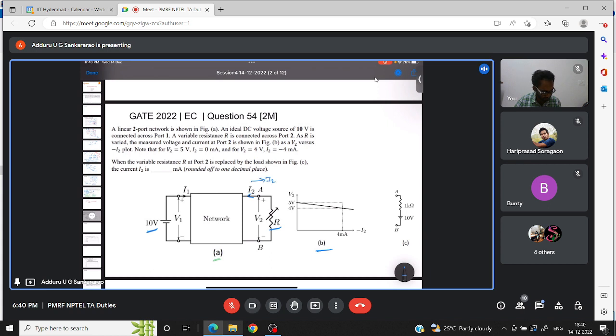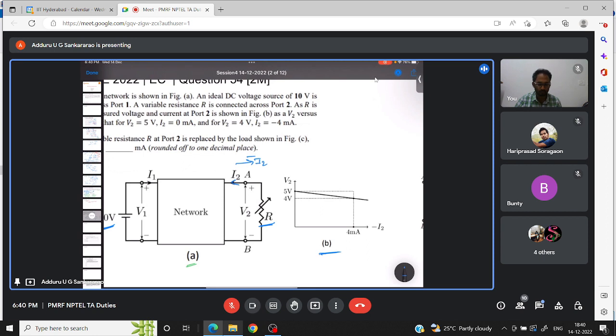Now from Figure B, when minus I2 is 0, the output voltage is 5 volts. When minus I2 is 4 amps, output is 4 volts.